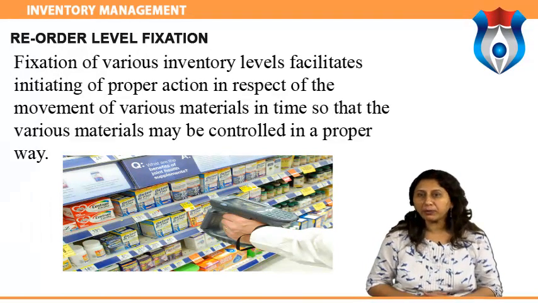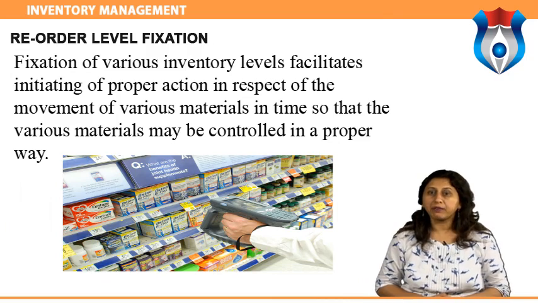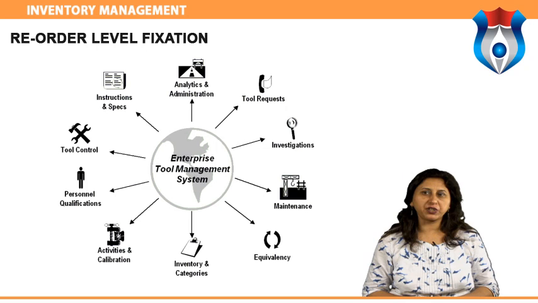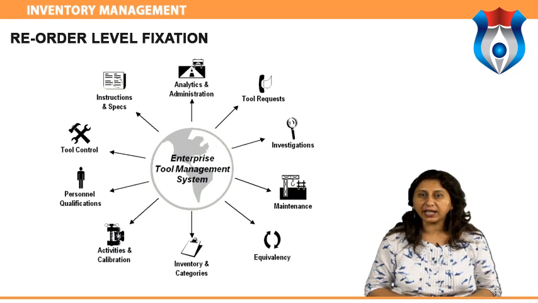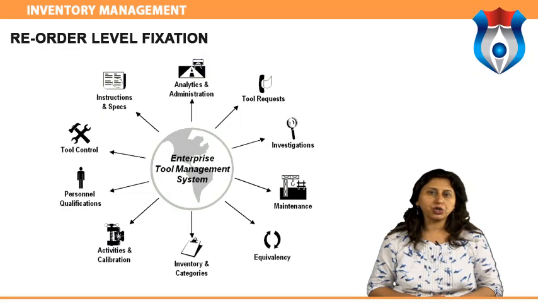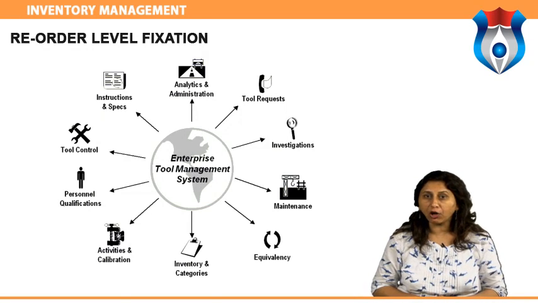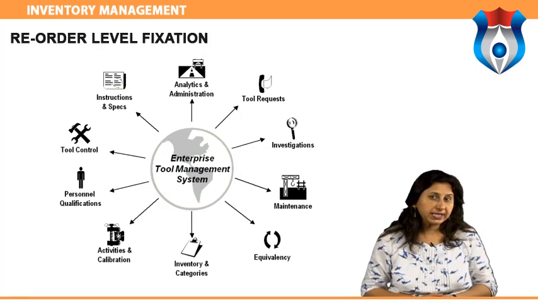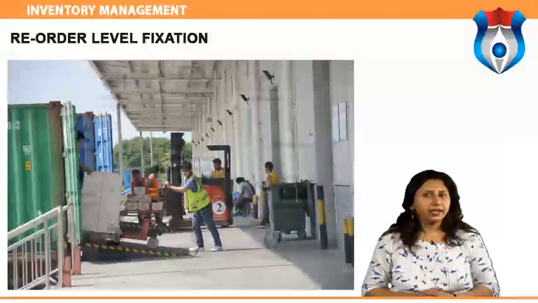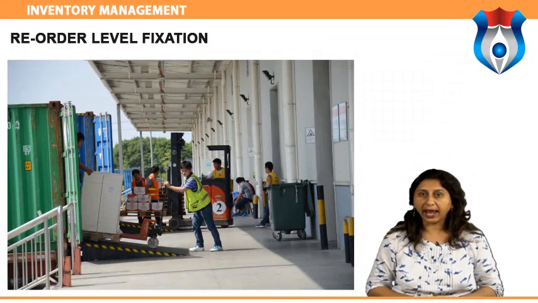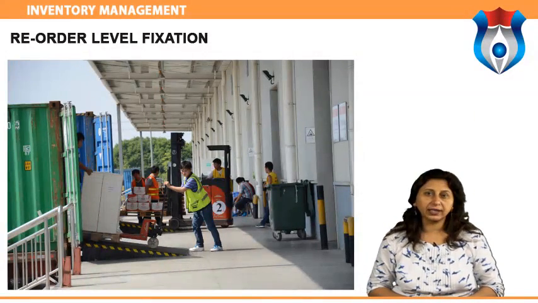However, the following propositions should be remembered: only the fixation of inventory levels does not facilitate inventory control. There has to be a constant watch on the actual stock level of various kinds of materials so that proper action can be taken in time. The various levels fixed are not fixed on a permanent basis and are subject to revision regularly.